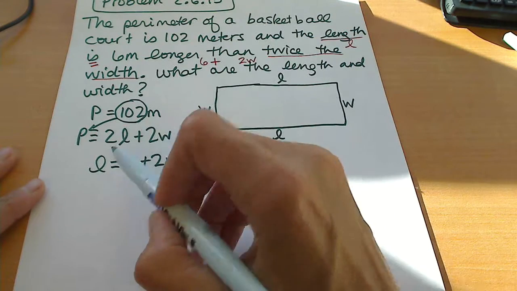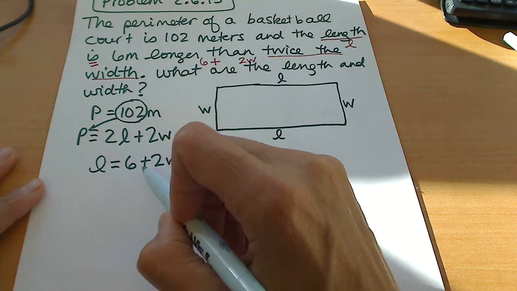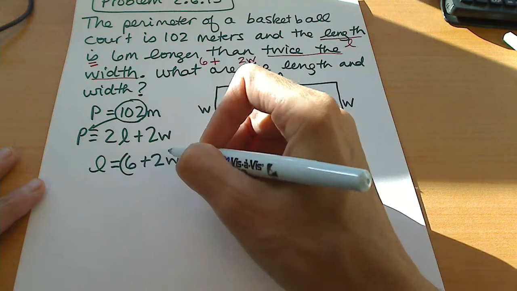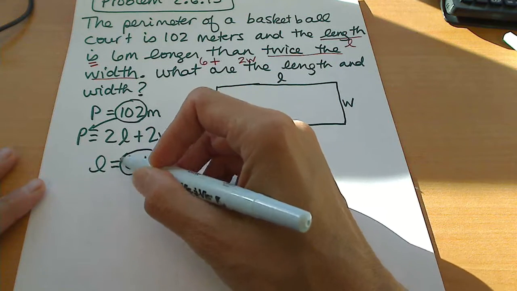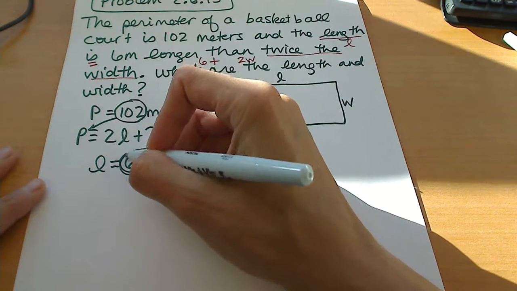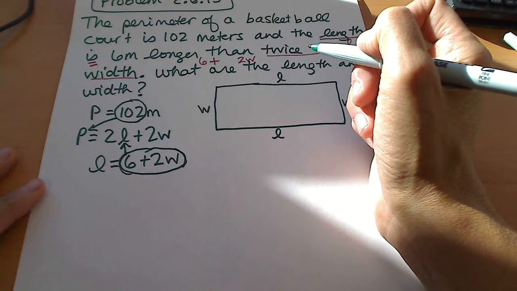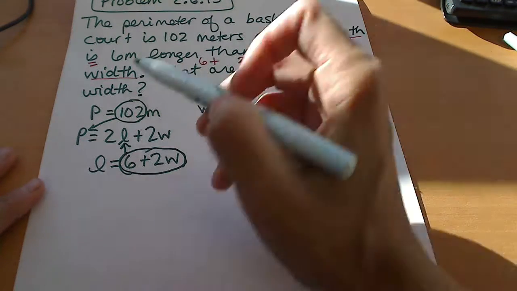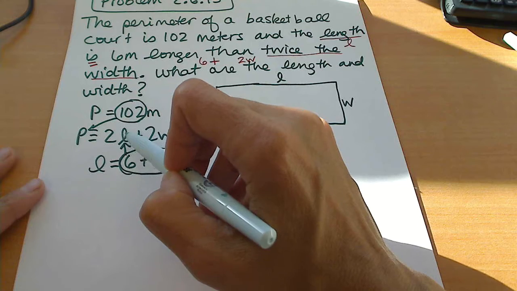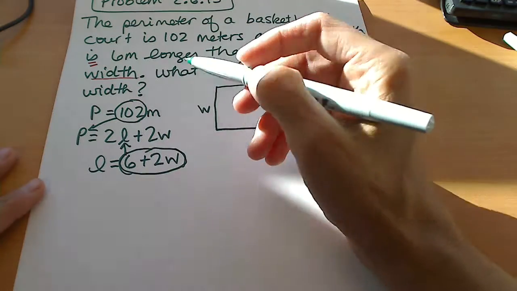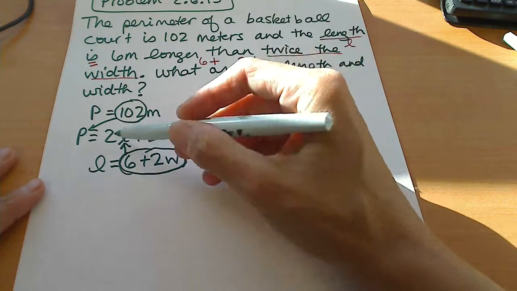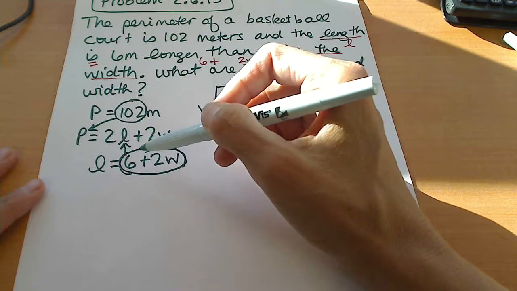Okay. And then right here, it's just saying that the length is 6 plus 2W. So I'm going to take this entire expression here and plug it in for the length right there. And we need to recognize that this 2 is multiplying the length. And so if I plug in an entire expression, that 2 is going to multiply the entire expression.